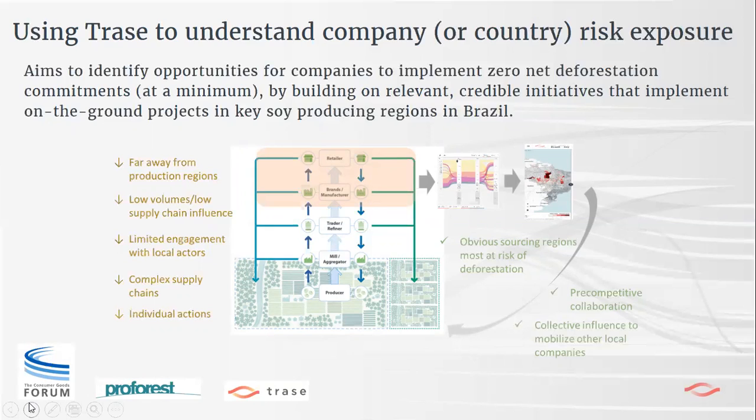So one of the initial pilot uses of Trase and our data has been our work with the Consumer Goods Forum and Proforest, who are an NGO, around the Soy Buyers Coalition.